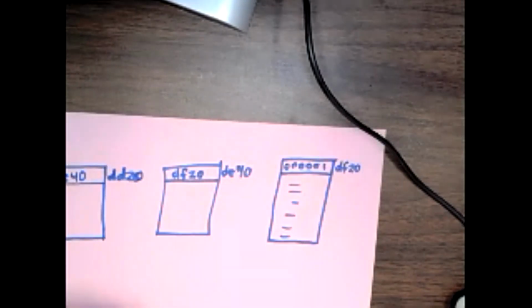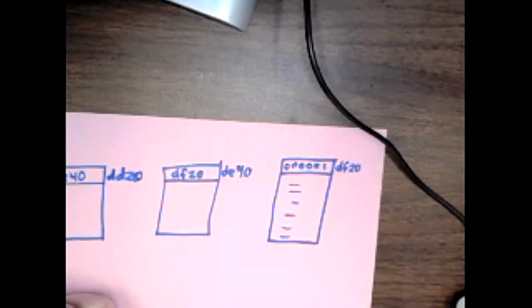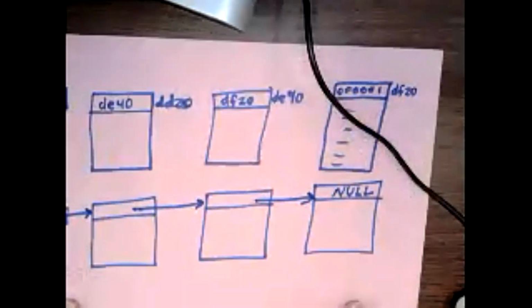Okay, suppose I draw it in a different way. You put this here, and I'll leave out the numbers. So now what is it?